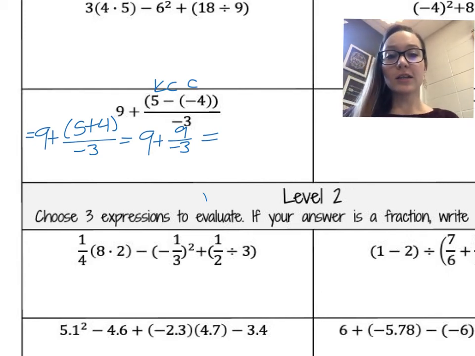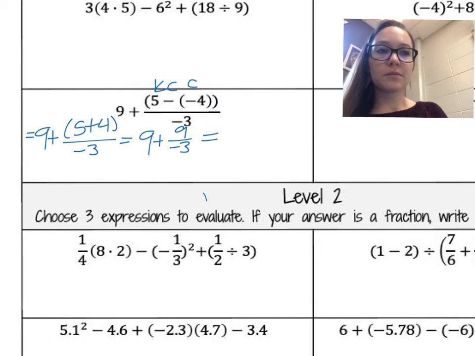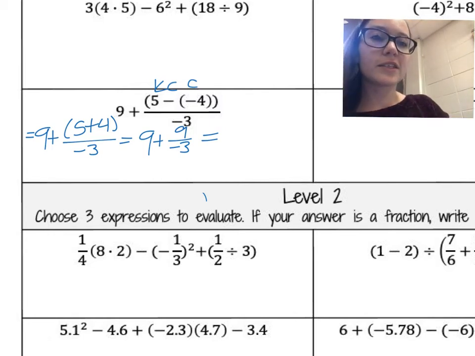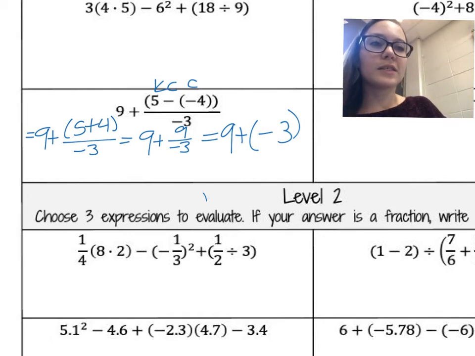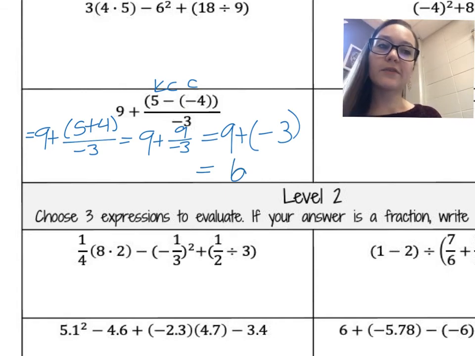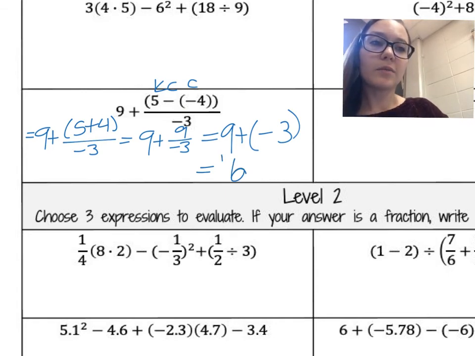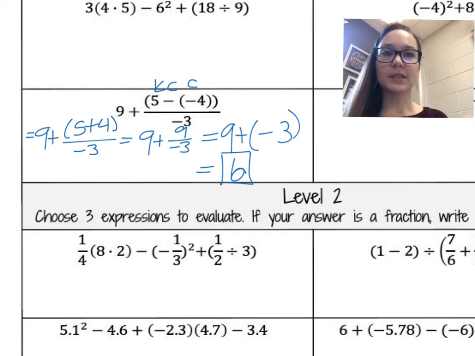So 9 divided by negative 3. Okay, a positive divided by a negative is going to be negative. And then 9 divided by 3 is 3. So now our problem is 9 plus negative 3. They are different signs, so we subtract. 9 minus 3 is 6. And you keep the sign of the bigger number. 9 is bigger and positive, so positive 6.